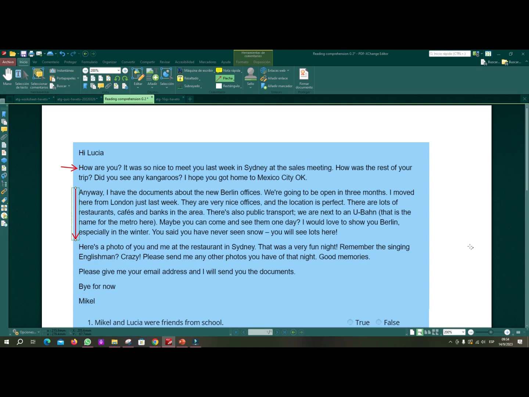There are a lot of cafes and banks in the area. There is also public transport next to the office, the U-Bahn, that is the name for the metro here. Maybe come and see them one day. I would love to show you around, especially in the winter. You say you have never seen snow. You will see lots here.